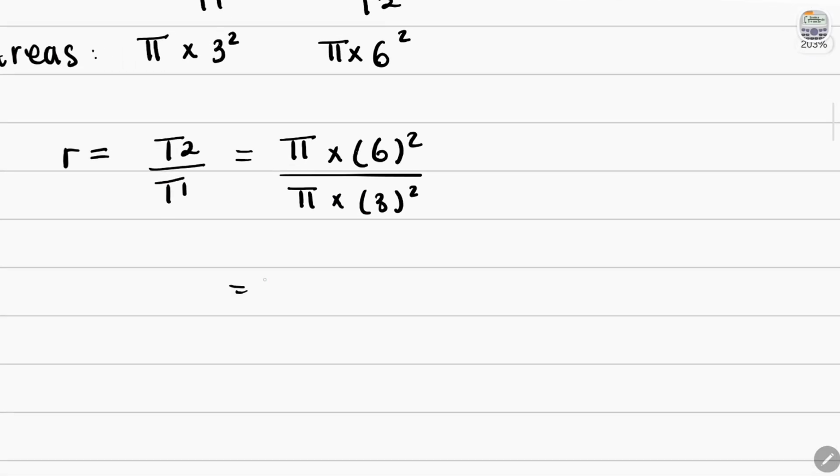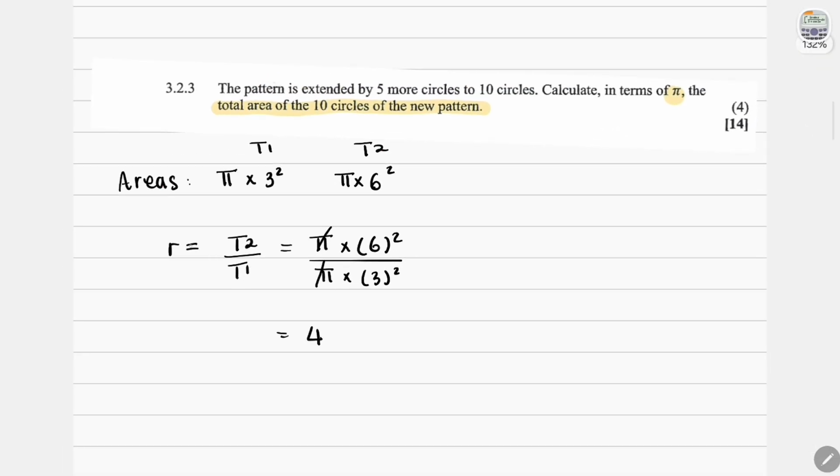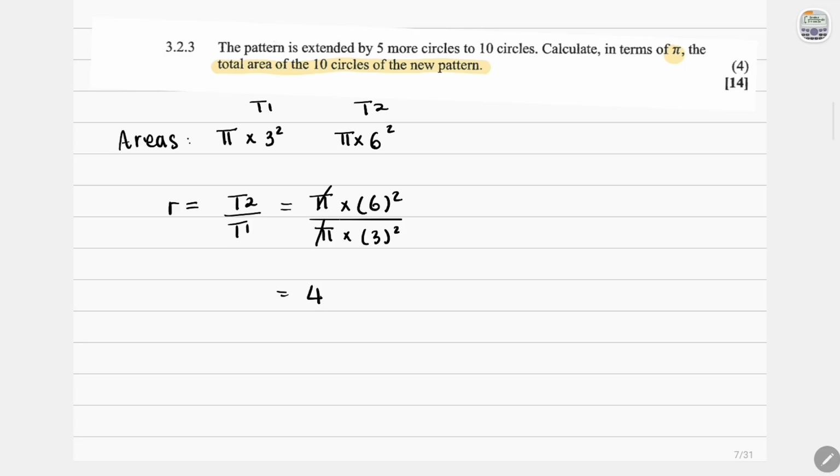And so pi cancels here. And 6 squared is 36. 36 divided by 3 squared, which is 9, that is 4. Okay, so we have 4 here. So now the ratio of these areas is equal to 4.